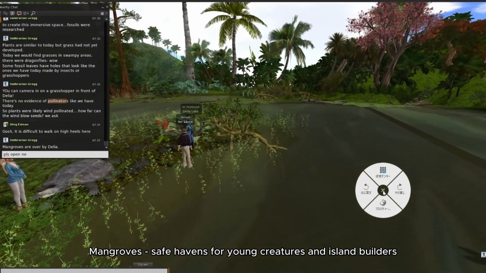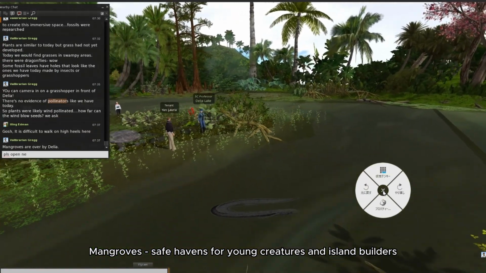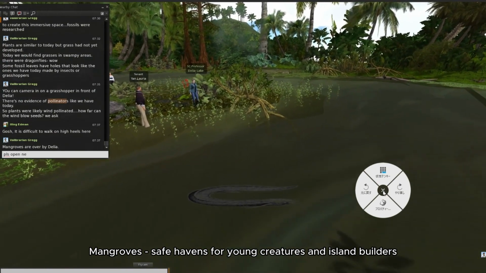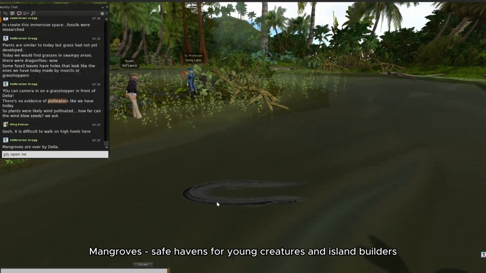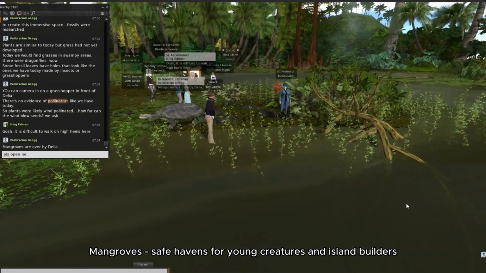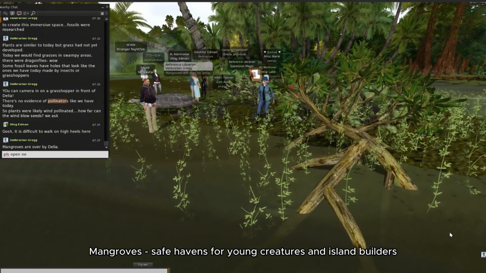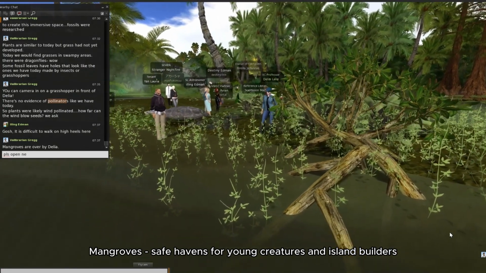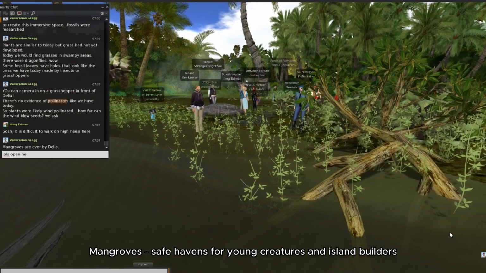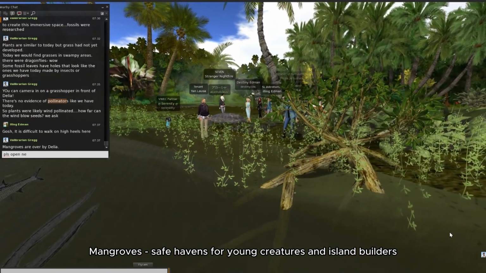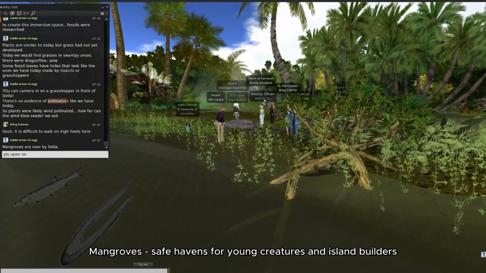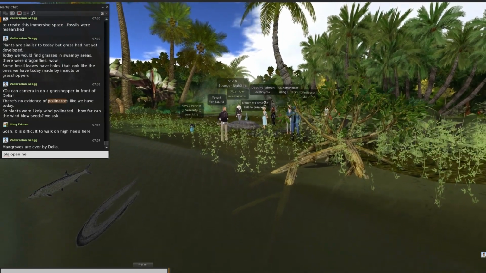The dense roots of the mangroves not only provide safe havens for young creatures, but they also catch sediment. And so mangroves can be island builders. That's why that small island has so many mangroves on it.